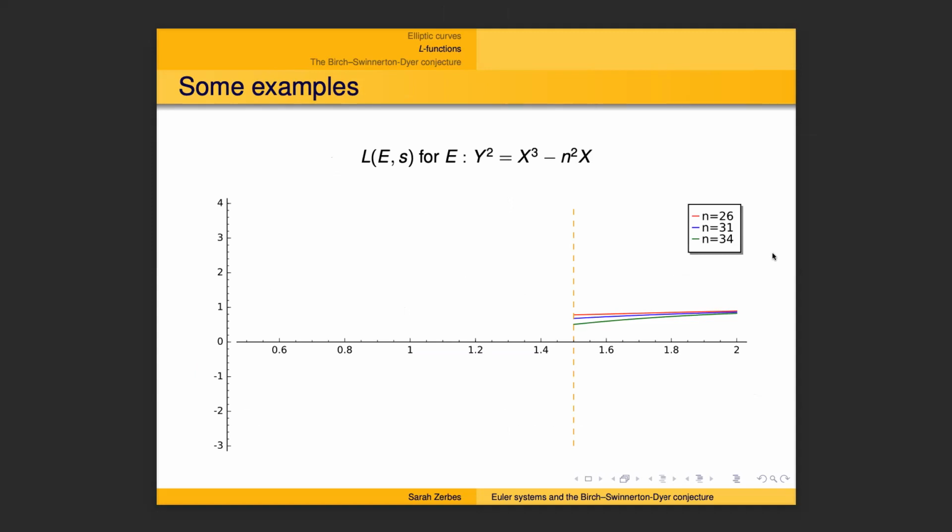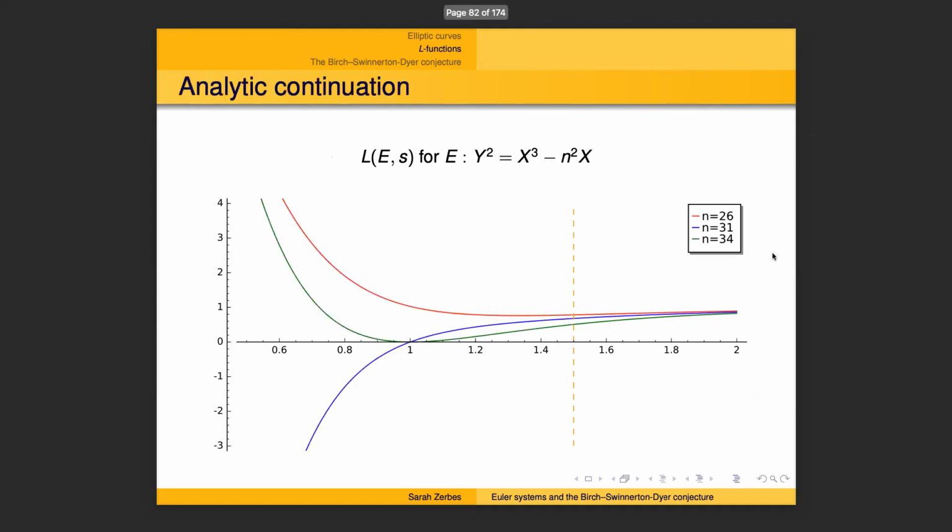And you will remember that the ranks are 0, 1, and 2, respectively. So let's see what happens when we analytically continue. Well, you will notice something, right? Namely that something interesting happens at the point S equals 1.